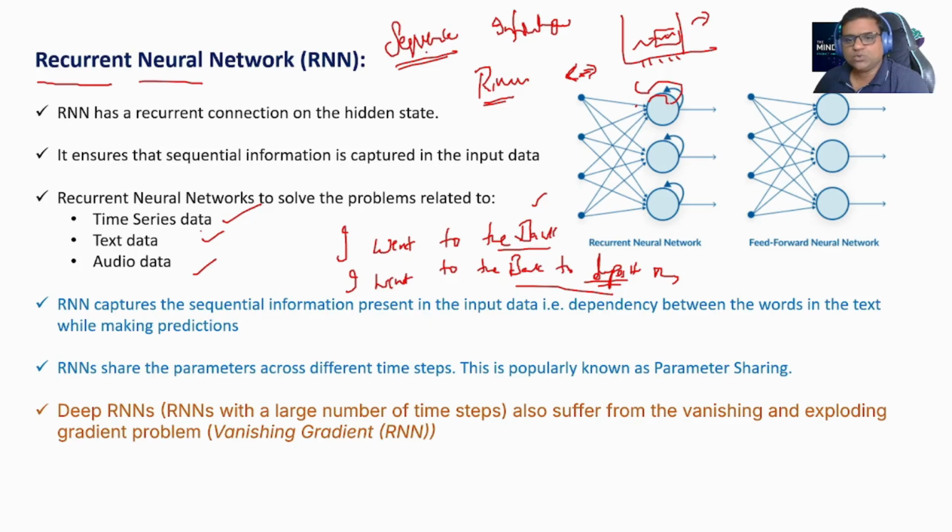Unlike a normal neural network, this recurrent network has a memory. This is important. Memory means what? It remembers something from the previous step and carries it forward to the next step. So text, speech, time series, stock price prediction, all these come under use cases for RNN.